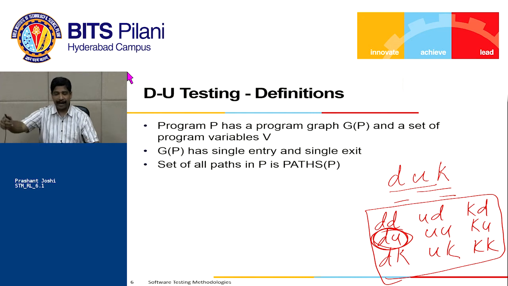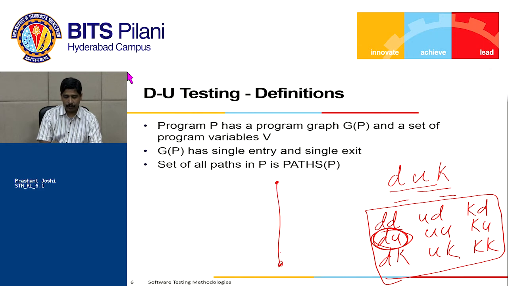So let's see what we have as part of our DU testing. Here we'll look at a particular graph: one entry, one exit, and something happens in between. There are paths.